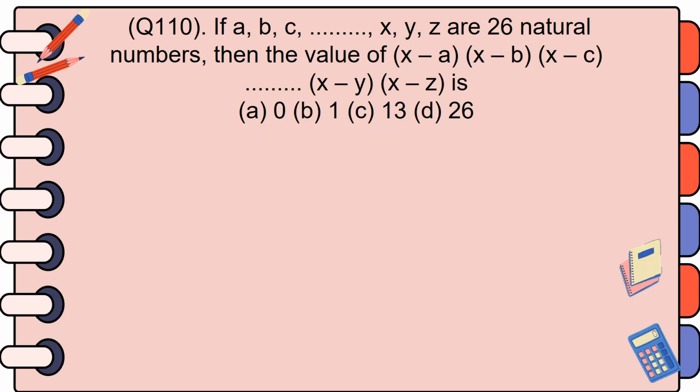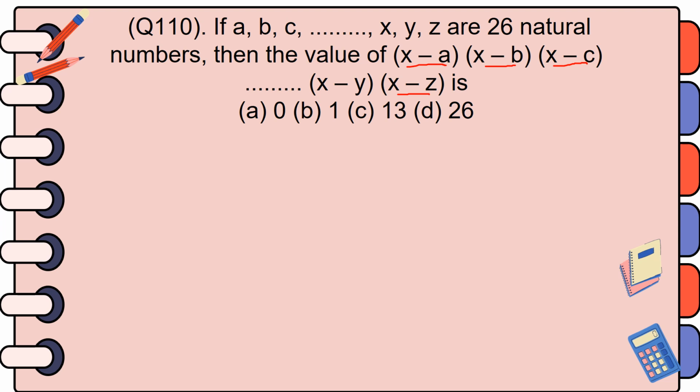Question number 110. If A, B, C up to Z are natural numbers, then x minus A multiplied by x minus B multiplied by x minus C multiplied by up to x minus Z is A0, B1, C13, D26. What is the value?